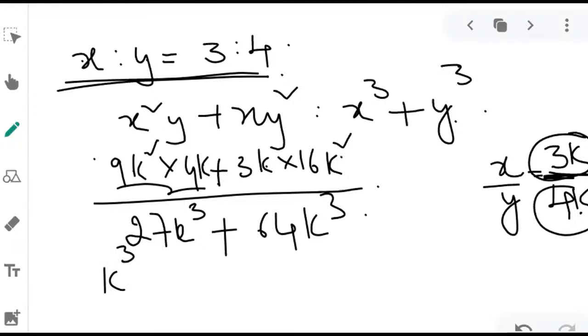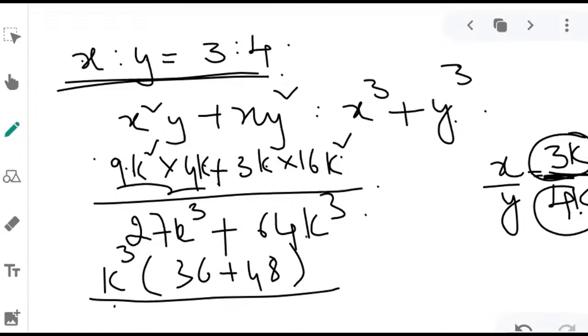So take k cube common. 9 fours are 36 plus 16 threes are 48. Here also take k cube common: 27 plus 64.